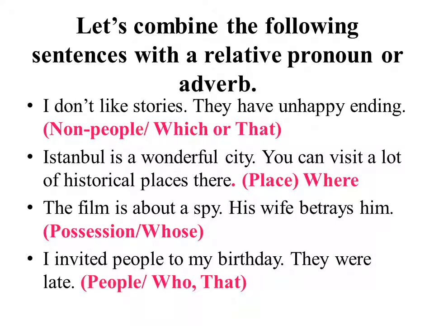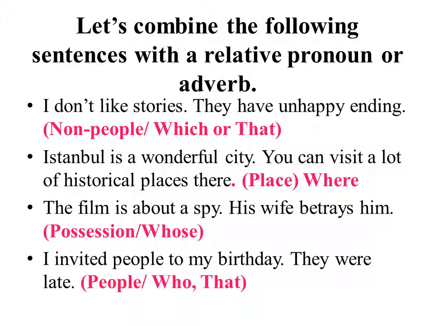We have stories. So stories, non-people. So I would say, I don't like stories which have unhappy endings. Of course, I am going to omit the subject in the second sentence to avoid repetition. That's why we are using a relative pronoun. So I am using one single sentence to join two sentences with the relative pronoun.